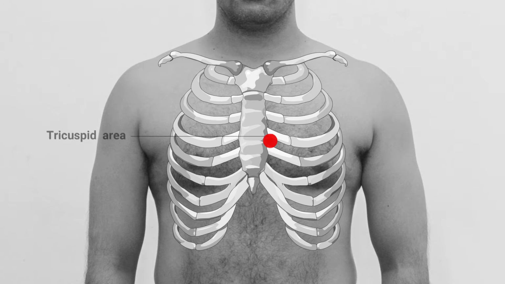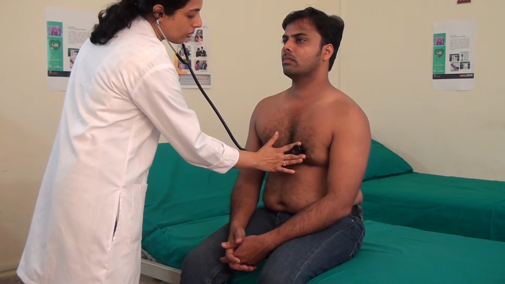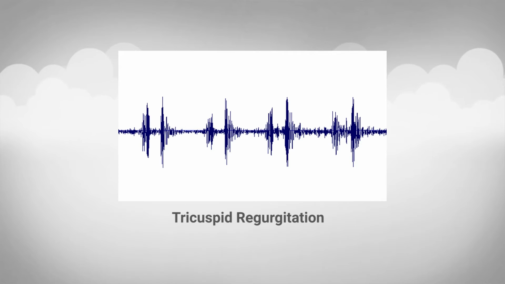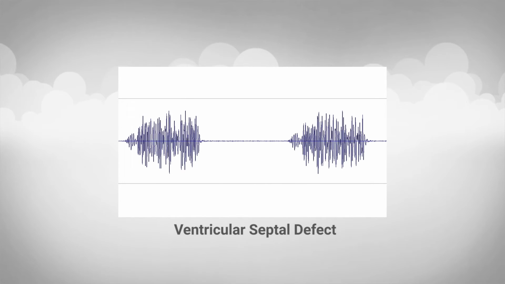Move down to the tricuspid area along the left sternal border at the left fourth and fifth intercostal space. Listen for the murmurs of tricuspid regurgitation and tricuspid stenosis and the murmur produced by ventricular septal defect.